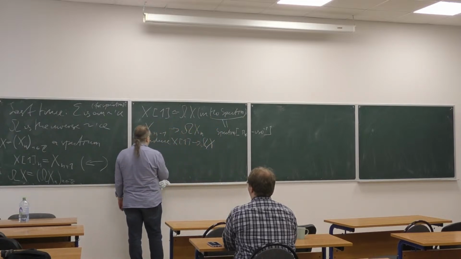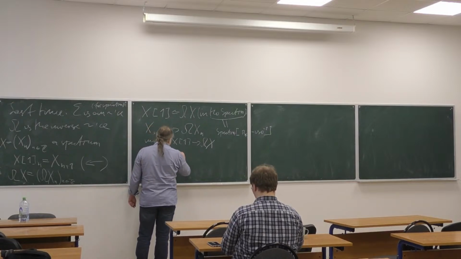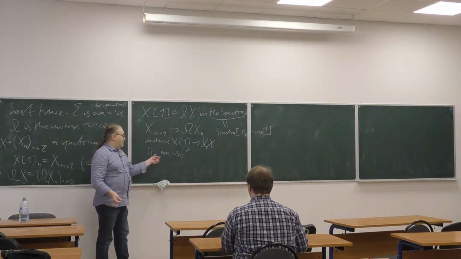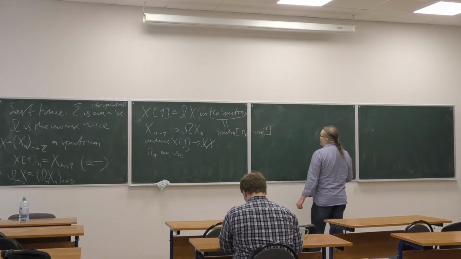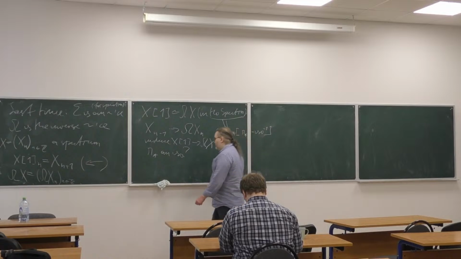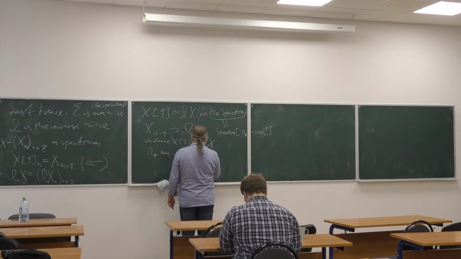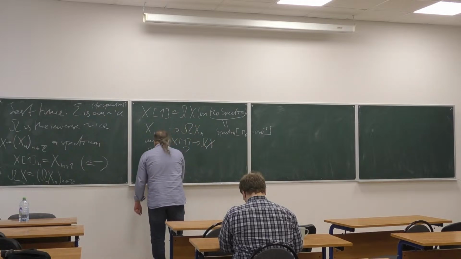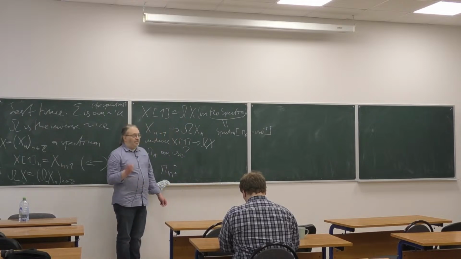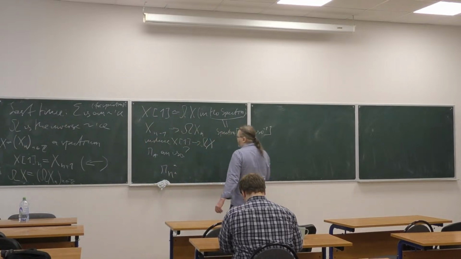Okay, and we want to see whether or not the map of the homotopy groups is an isomorphism. Well, let's draw the diagram. Let's see what happens when we take the pi n applied to both sides.